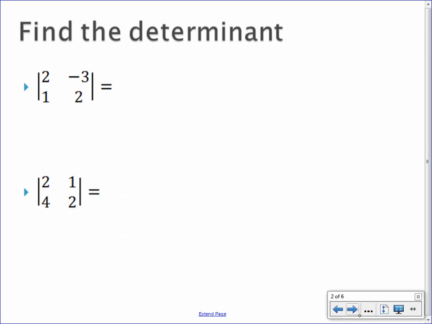Alright, so we're going to find each determinant. Notice how we have the absolute value looking signs. That means find the determinant of the matrix.